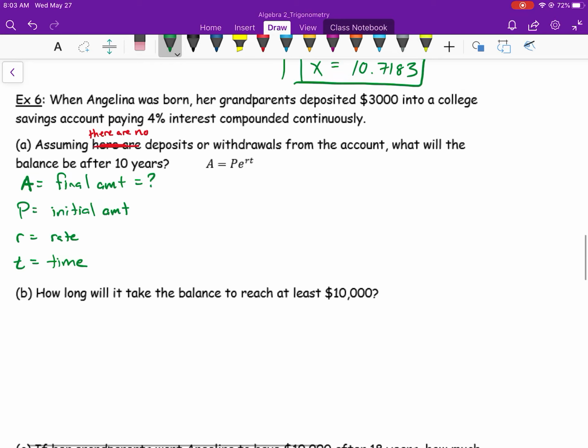So A, we don't know. Our initial amount was $3,000. Our rate is 4% or 0.04. And time is 10 years. So let's plug in and solve. So A equals 3,000 e to the 0.04 times 10.